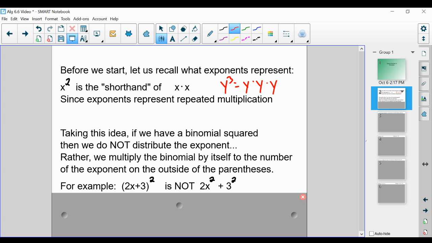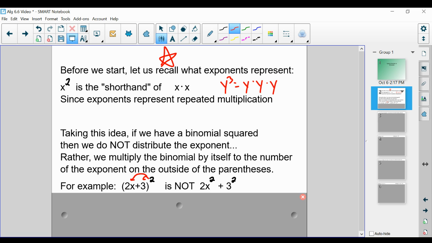Let's say we have 2x plus 3. That binomial is inside of a set of parentheses, and everything in there is getting squared. We do not distribute the 2. We don't send the 2 to 2x and 3. So it is not 2x squared plus 3 squared. Rather, we're going to go back to where we started up here.